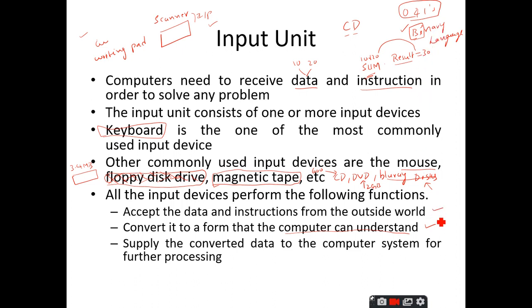Once you give input to the computer, it has to convert that particular format into a format which is understandable by the computer. That is done by the input devices only. And when the result is done, for example 10 and 20 is the understandable language for humans.